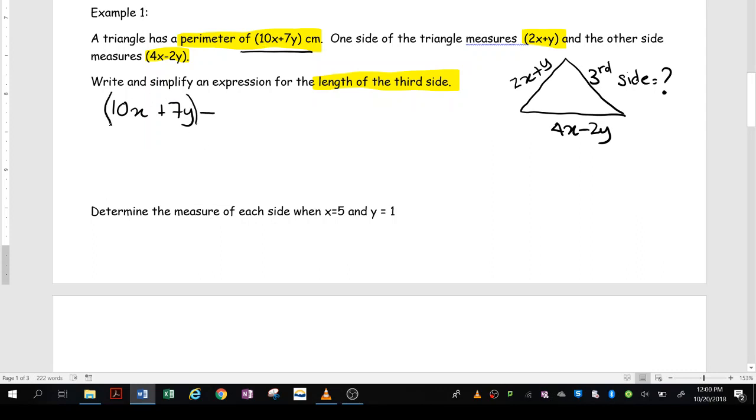I'm going to put brackets around here. We're going to subtract from that 2x plus y, so that's this entire side, and we're going to subtract this entire side. Now I'm putting brackets around here because we want to be careful that we subtract everything in that term.